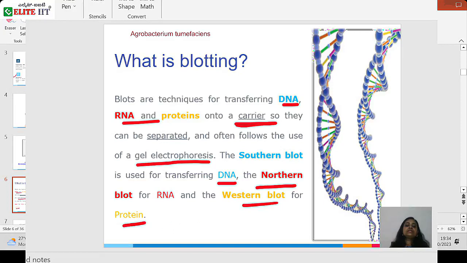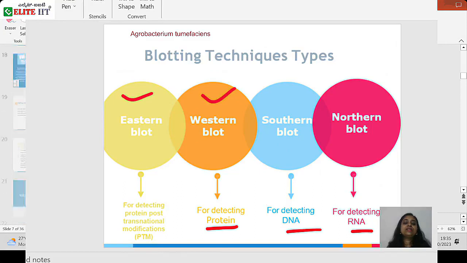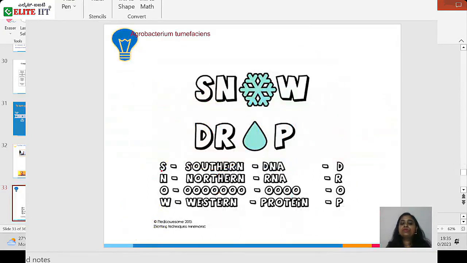So it is written here: Eastern blot, Western blot, Southern blot, Northern blot. Eastern blot is for the detection of protein post-translational modification. So if there is any post-translational modification, you can detect it through the Eastern blot. In the Western blot, we generally detect protein molecules. Southern is DNA, Northern is RNA. A shortcut way of remembering this is SNOWDROP.